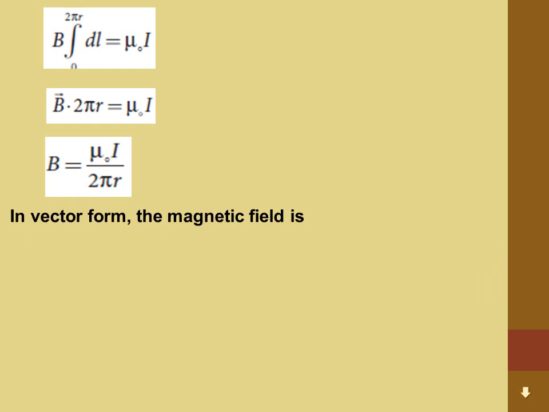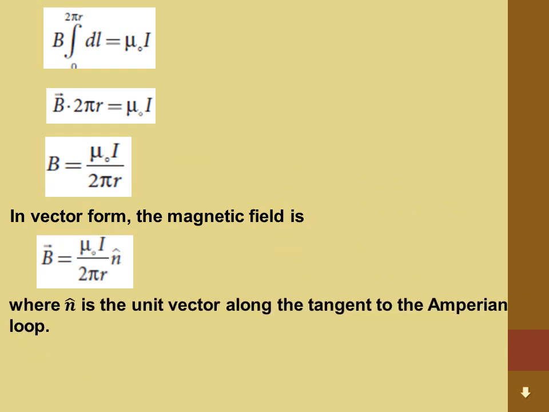In vector form, the magnetic field B vector is equal to mu naught I by 2 pi r into n cap, where n cap is the unit vector along the tangent of the Amperian loop as shown.